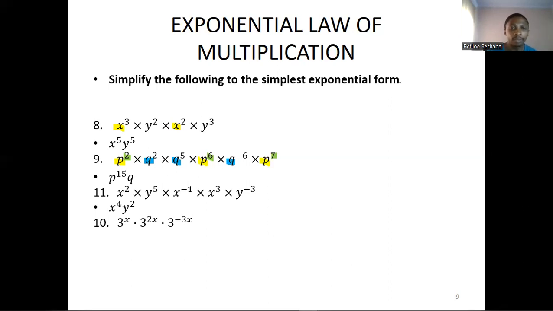So we've got 1x. We're adding it with 2x. We minus 3x. What is the answer?